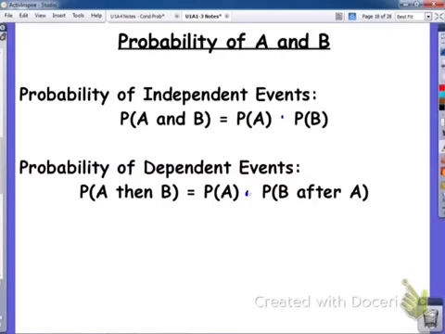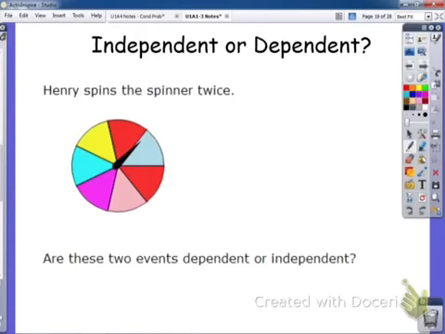The only difference is this "after A occurs." And you'll understand that when we start looking at some of those problems in just a moment. So anyway, these are your formulas. Let's look at a couple examples to make sure you know how to determine what's independent and what's a dependent situation.